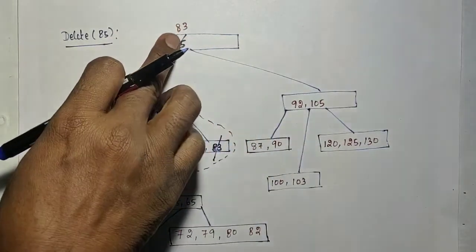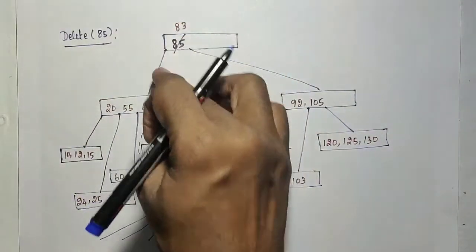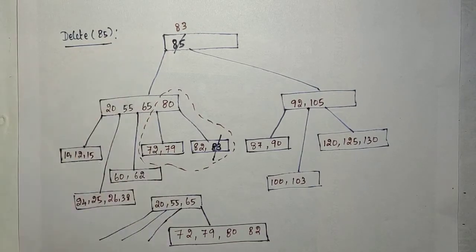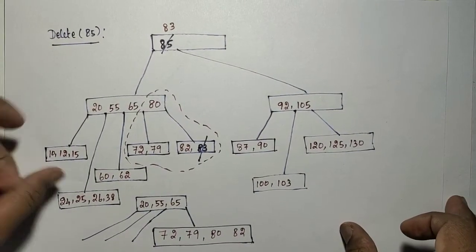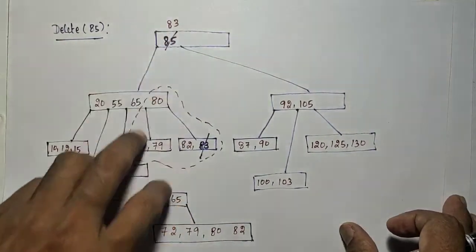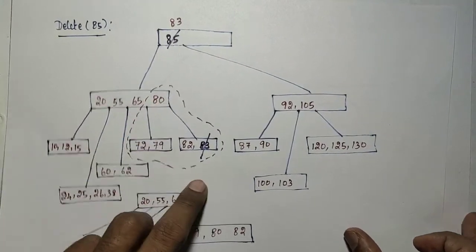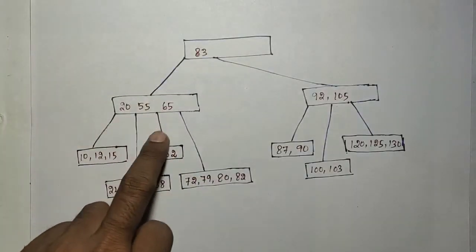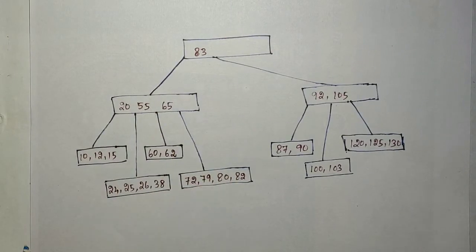So the change is that the root is getting changed to 83. The left of the root will become like this, and the leaf nodes will become like this. Okay, so at the end we will obtain, after deleting the root 85 and doing this operation, the tree becoming like this, with 83 as the root.